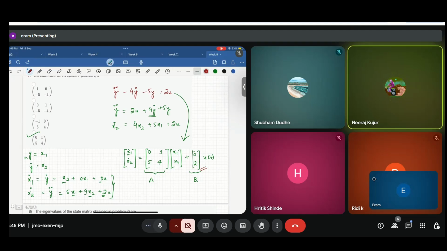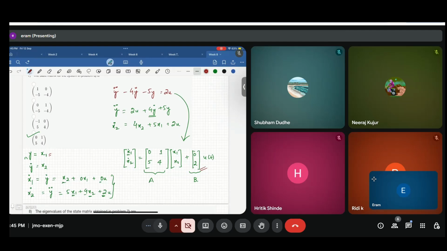X1. It is x1. So if you want to write it in vector form, y is x1. What are the coefficients? We can write it as 1 x1 plus 0 x2. So in vector form, what will it be? It will be 1 0 times x1 x2.